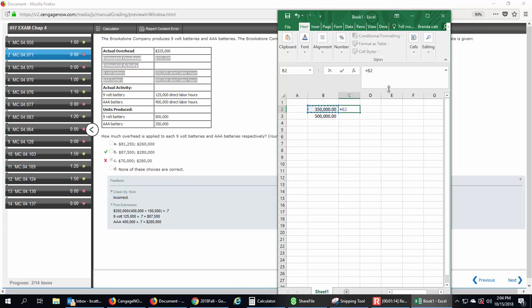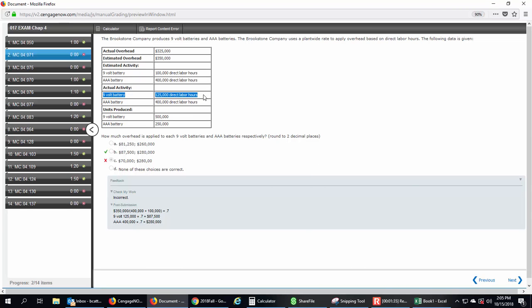And so if I divide, I get 70 cents per direct labor hour. So then let's go make some batteries. The 9 volt has how many actual hours? Because now we're actually making some.